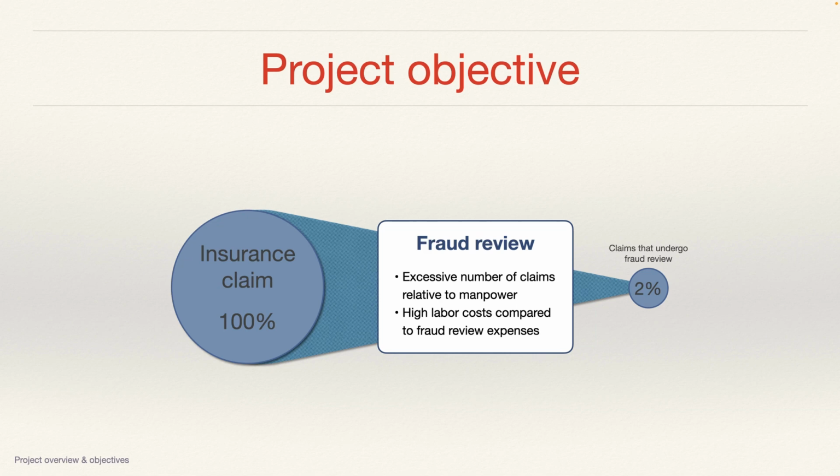So currently, only about 1 or 2% of claims are thoroughly reviewed for fraud. For example, out of 200 claims, only two might undergo a detailed fraud investigation. So you can see that there's plenty of room to decrease potential loss if we review more claims.